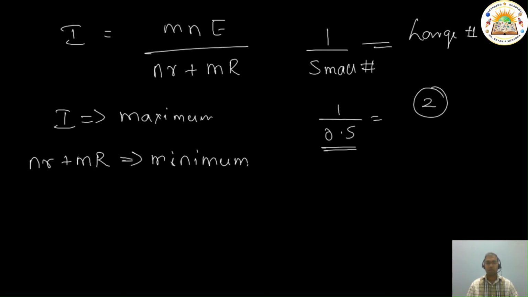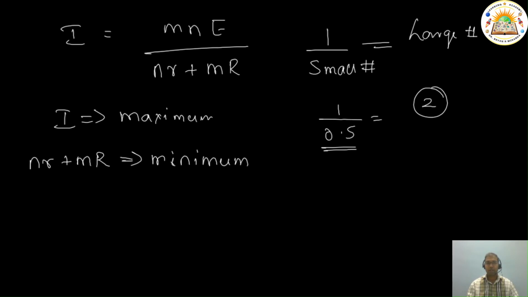Now, in order to get this as minimum, we can try and find out what this value is and where it comes from. So we can look at the expression a plus b whole square, a minus b whole square. We can arrive at this from that kind of an expression.